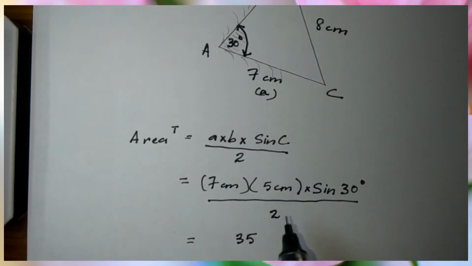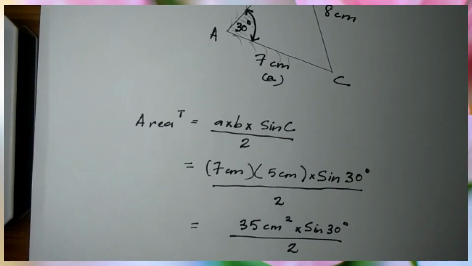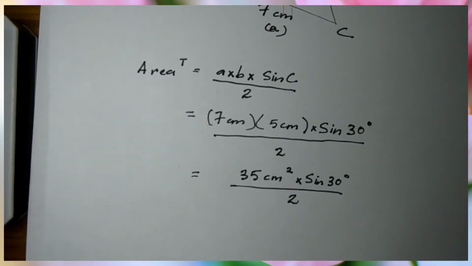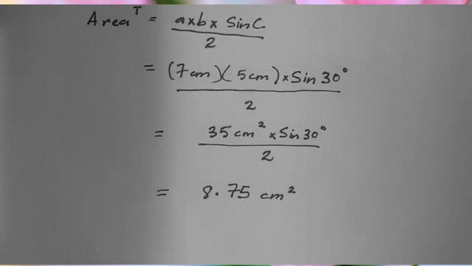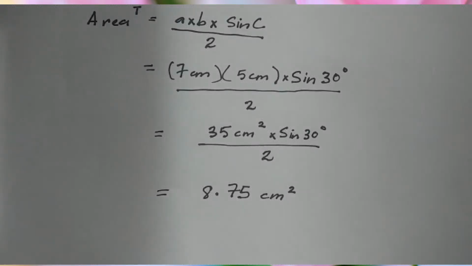And this is centimeter times centimeter, which gives me centimeter squared. I'm going to times that by sine 30 degrees, and I'm going to put it all over 2. There we go. And when I put 35 times sine 30 degrees, all divided by 2 in my calculator, I end up getting 8.75 centimeters squared.